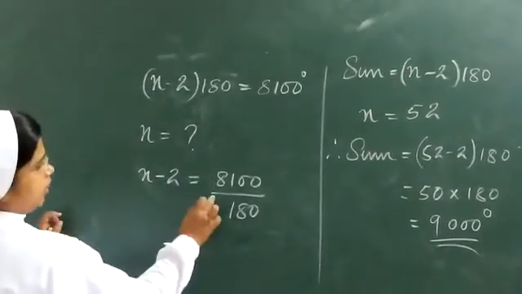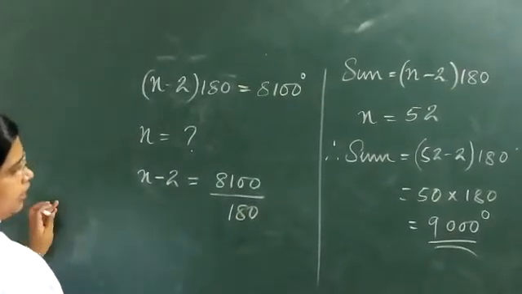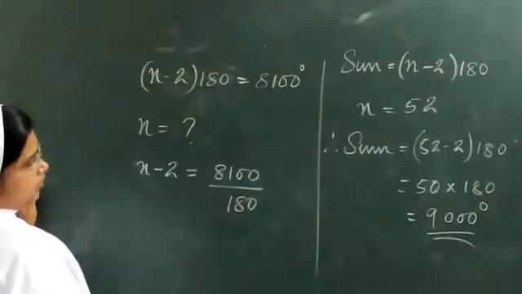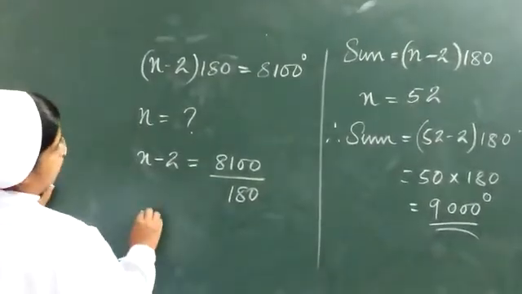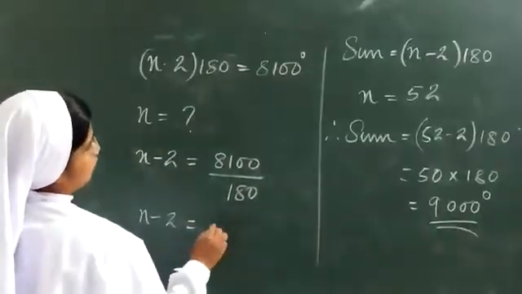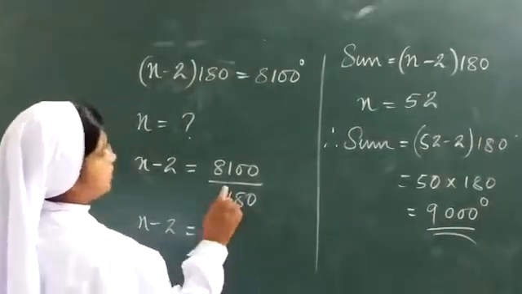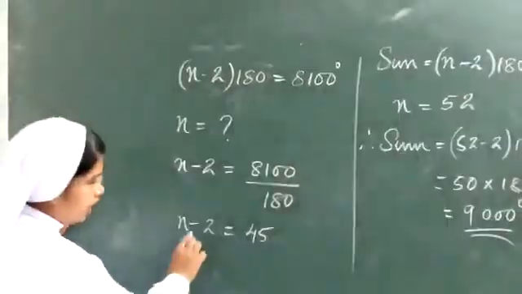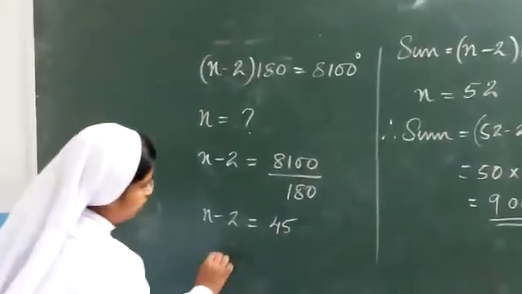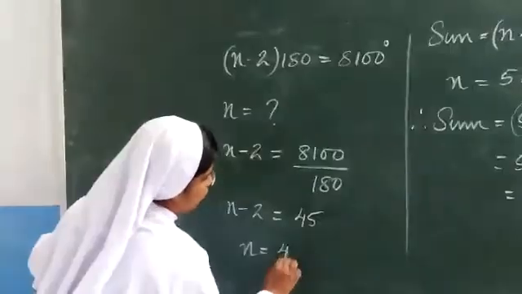So n minus 2 is equal to 45. We divide and see, you get 45.